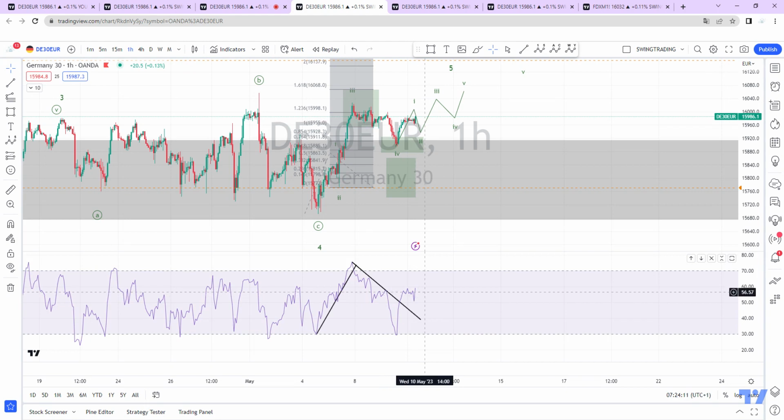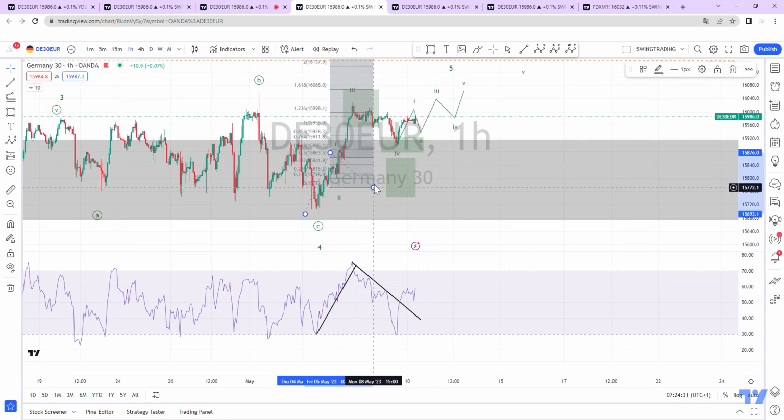Also monitor the RSI, very important. If this divergence is erased, then you should not go short here at this area. That's not a good idea. Then you're probably in a wave 3.